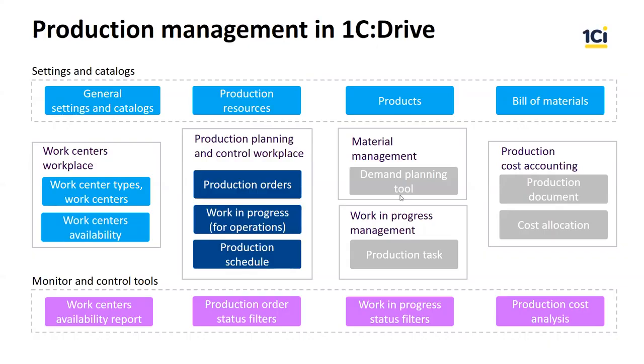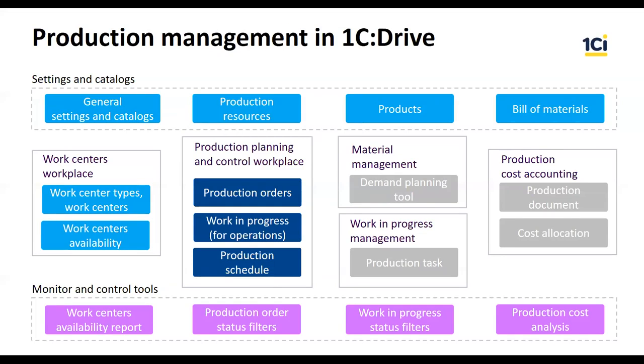There are also tools for material management, work in progress management, and production and cost accounting. And underlying all that, monitoring and control tools that are mainly presented by reports and different status filters applied to different types of transactions. Let's go to OneSeaDrive and see where it is placed.